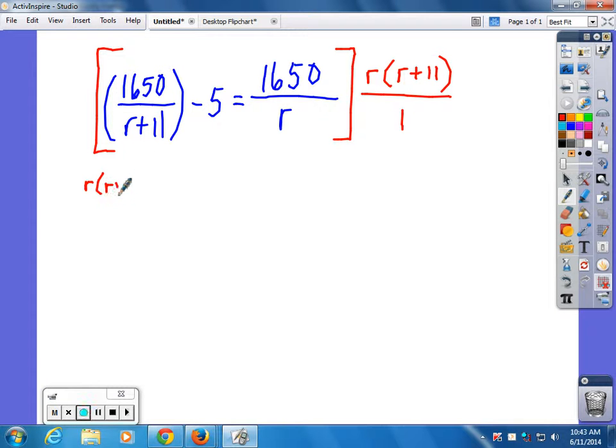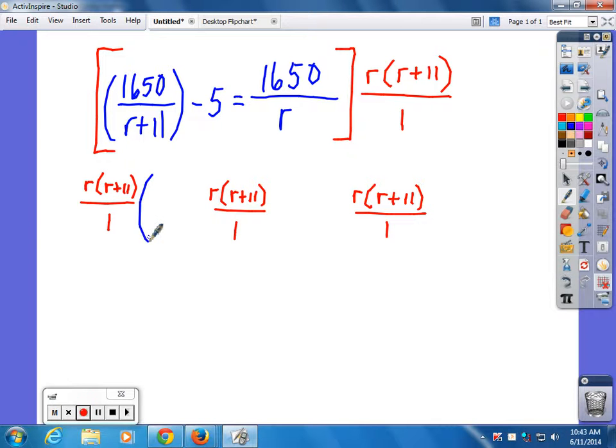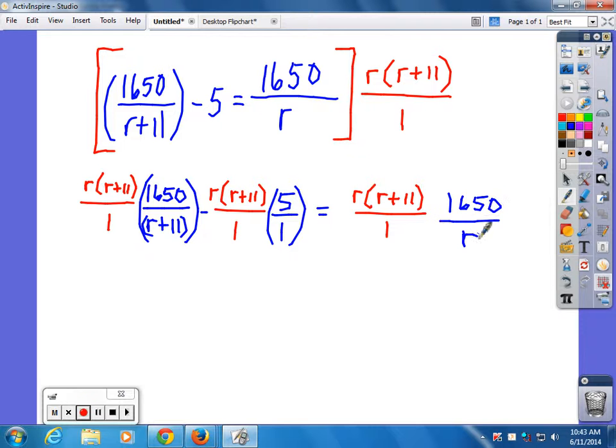R times r plus 11 over 1, times each term. And I'm going to multiply 1650 over r plus 11 minus 5 over 1 is equal to 1650 over r.